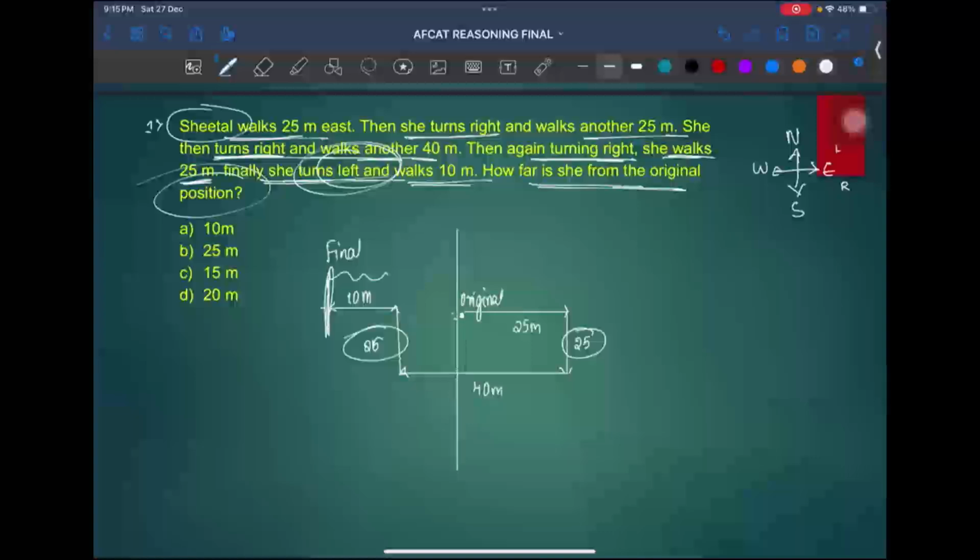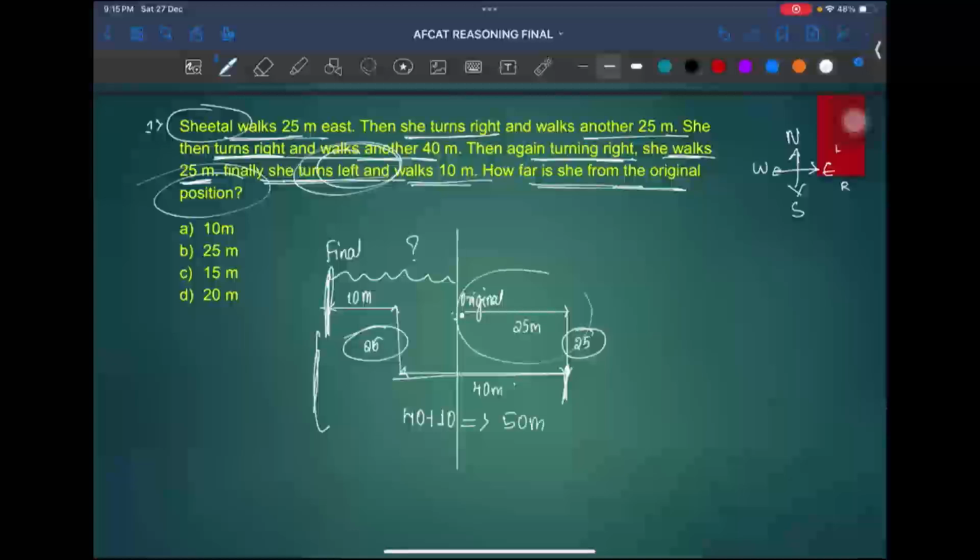From this point to this point, that is 40 plus 10, 50 meters.